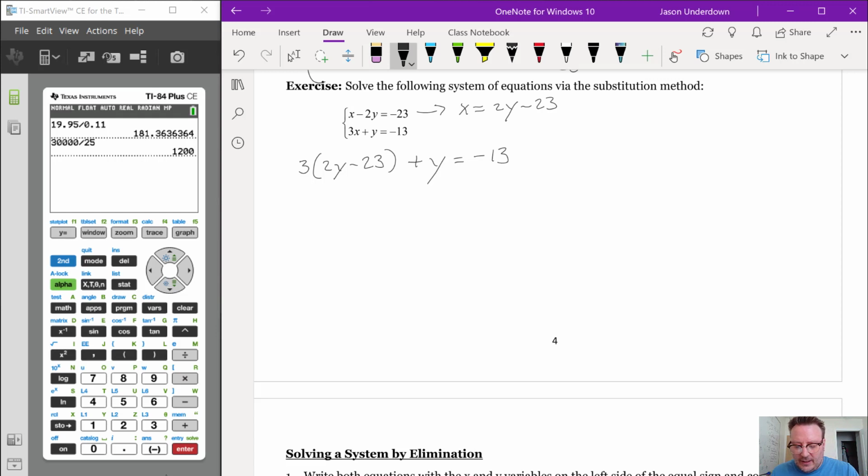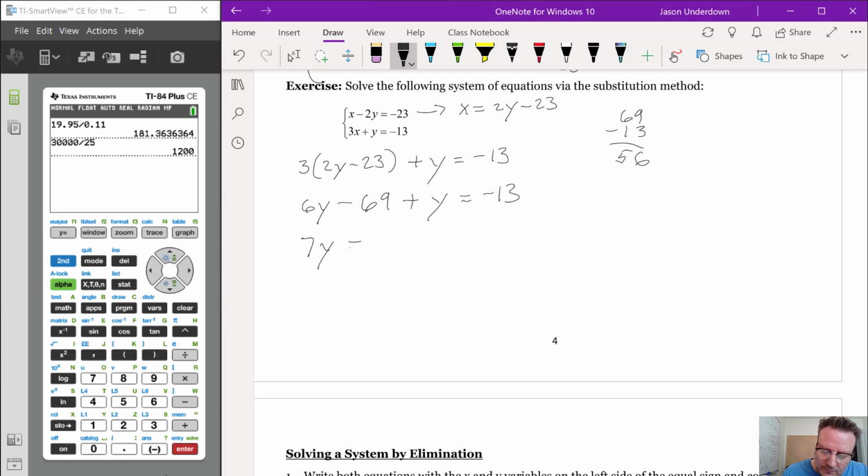Let's simplify that left-hand side, and we get 6y. 3 times negative 23 is going to be negative 60 minus 9, so negative 69. I will combine the two y terms into 7y, and I will add 69 to both sides of the equation, and then the right-hand side becomes 69 minus 13, which is 56.